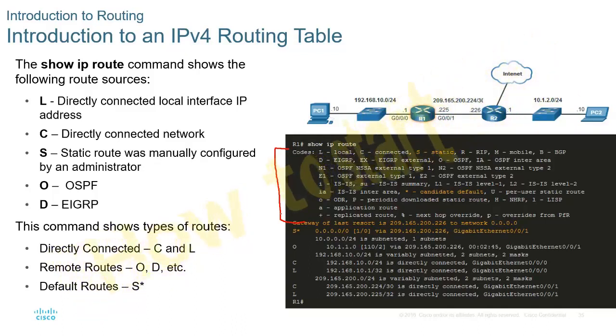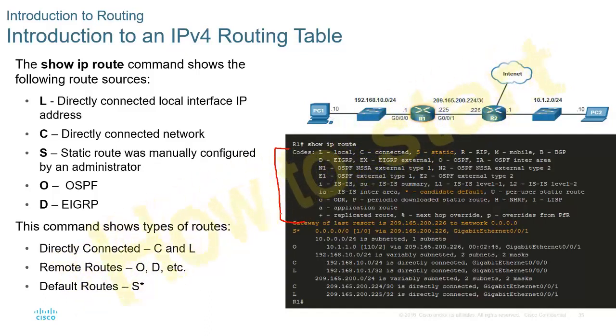Directly connected networks are going to be the network ID, where the directly connected network with a local address will use the actual address without it being summarized. And that makes a little more sense after we've talked about summarization in our IP addressing lecture.